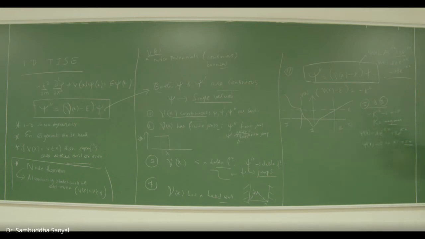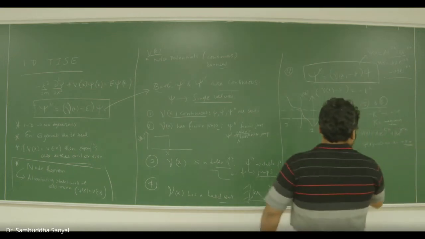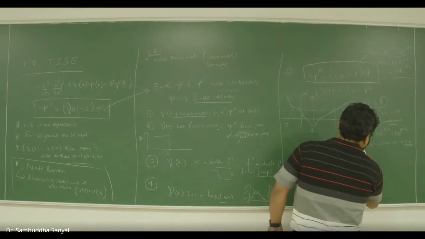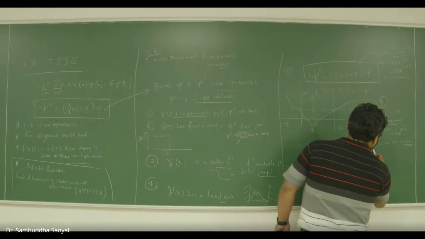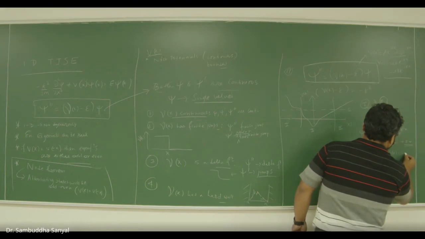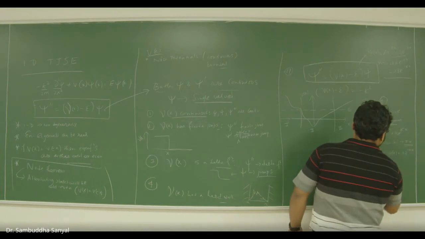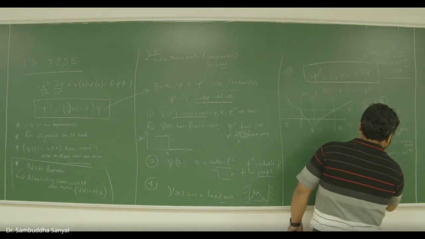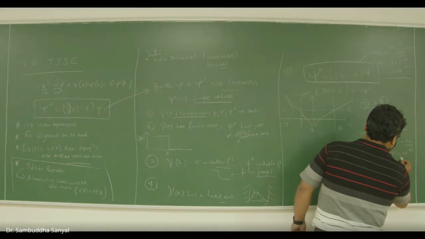So when x is greater than 0, psi x can be only a e to the power minus kappa x, and when x is less than 0, psi x must be b e to the power kappa x.